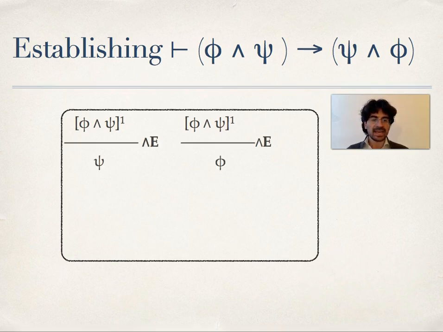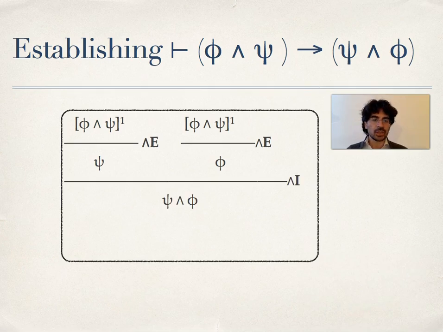Then by the same application of the rule for conjunction elimination, we can write in one case phi and in the other case psi. So we apply the same rule for conjunction elimination, but in one case we pick out the second conjunct and in the other case we pick out the first conjunct.